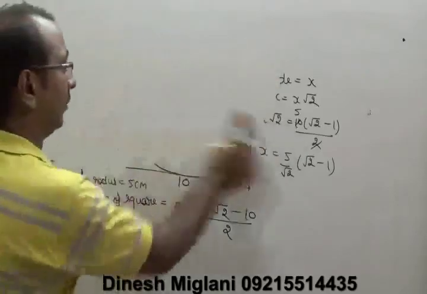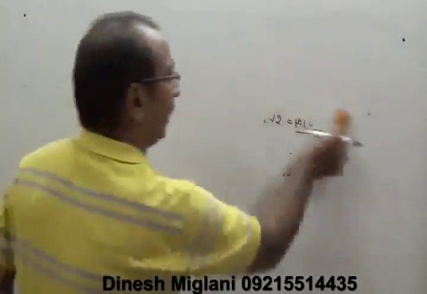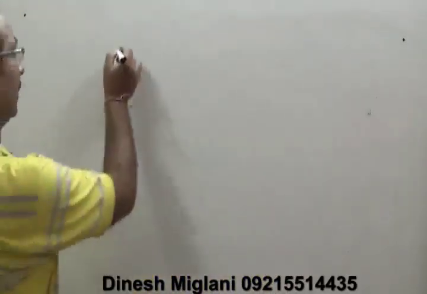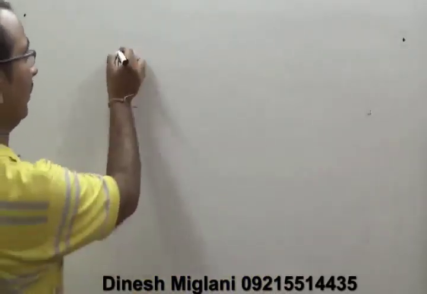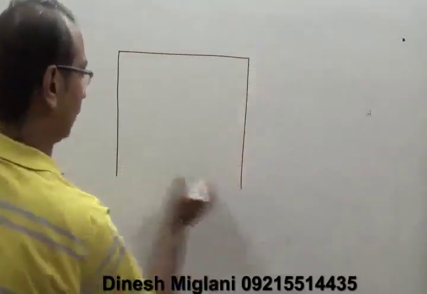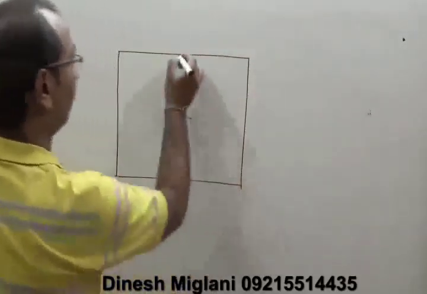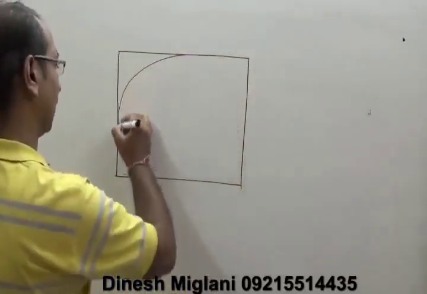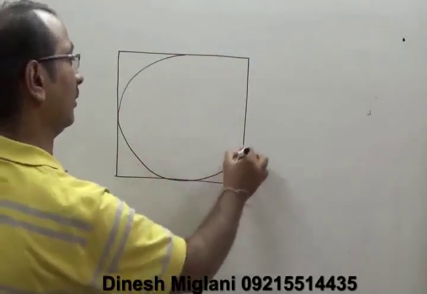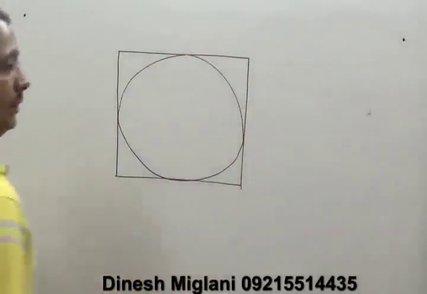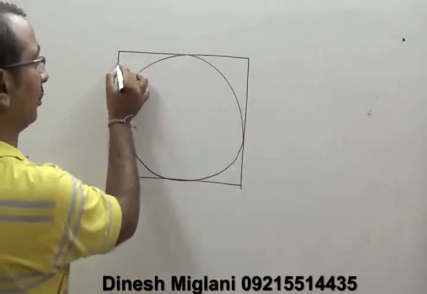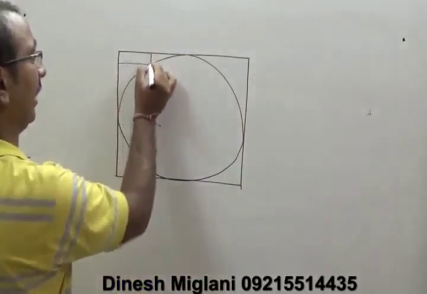Then we have statement number 8. In statement number 8, instead of making a square, we have a rectangle. For example, one square is there. Inside the square, one circle is made in such a way that the circle touches all four sides of the square. At one corner of the square, one rectangle has been made.